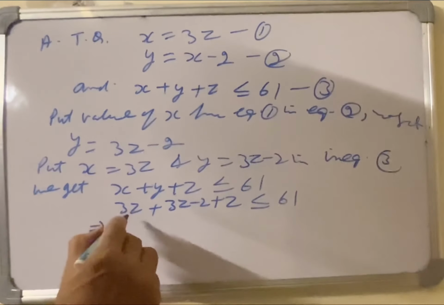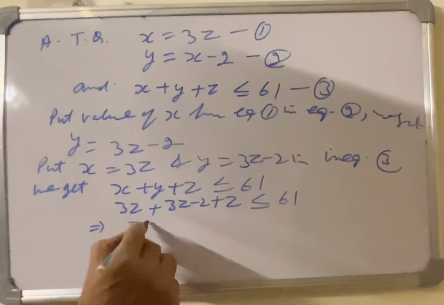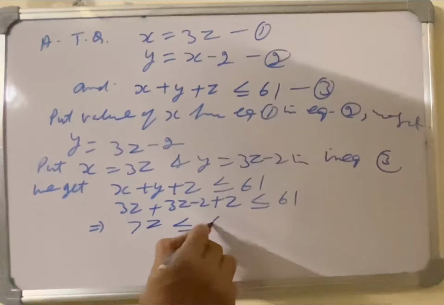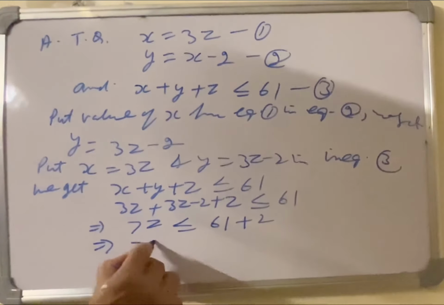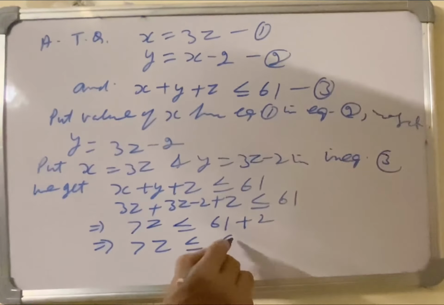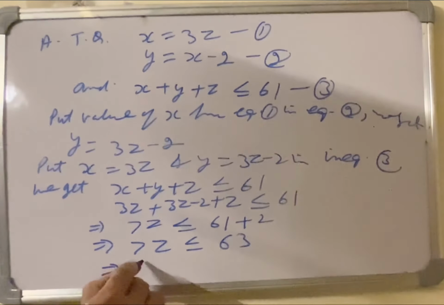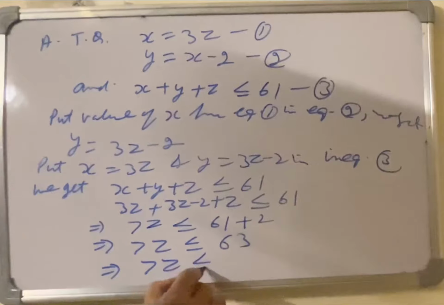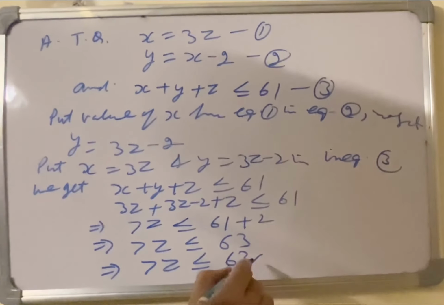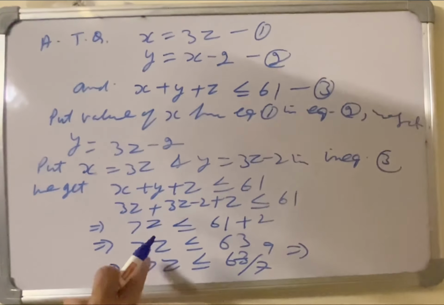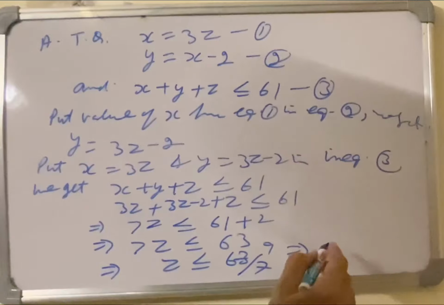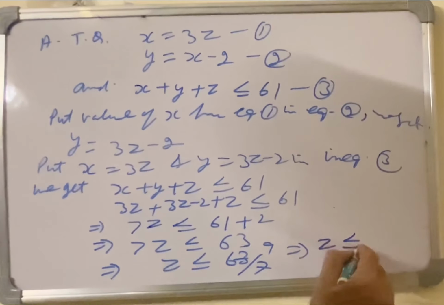Therefore, 7z is less than or equal to 61 plus 2. 7z is less than or equal to 63. So z is less than or equal to 63 over 7, which implies z is less than or equal to 9.